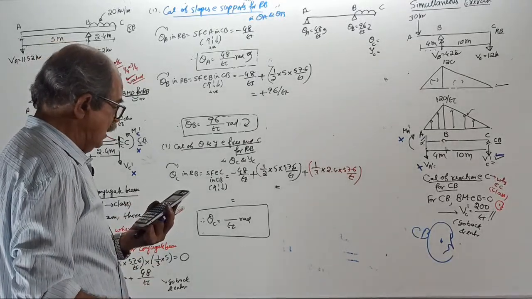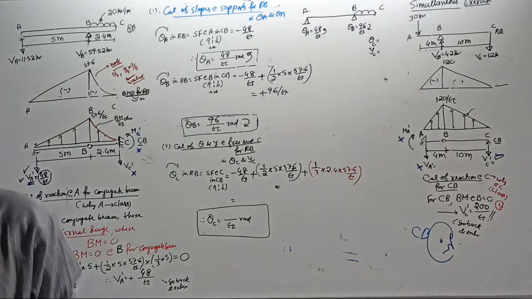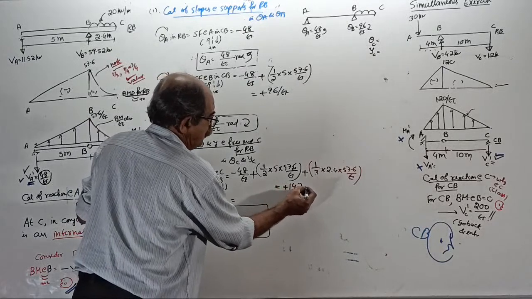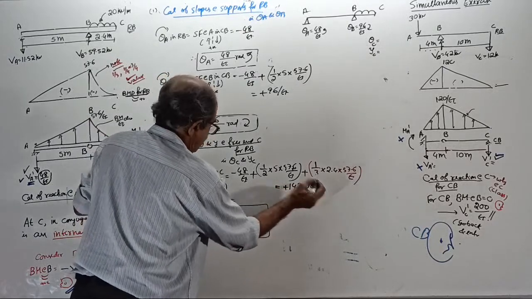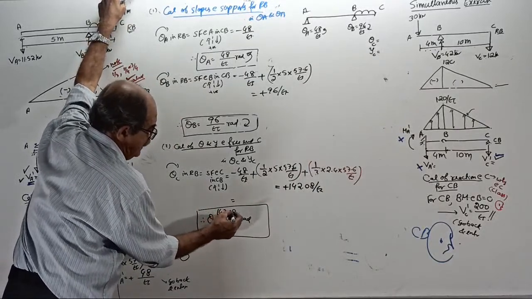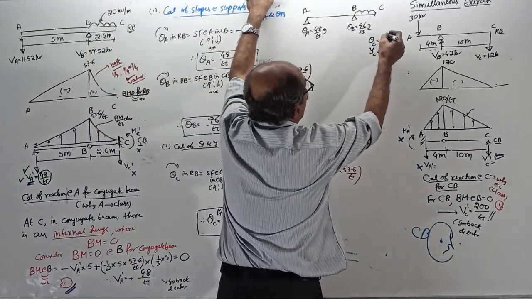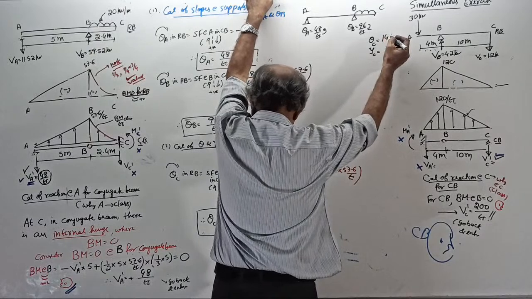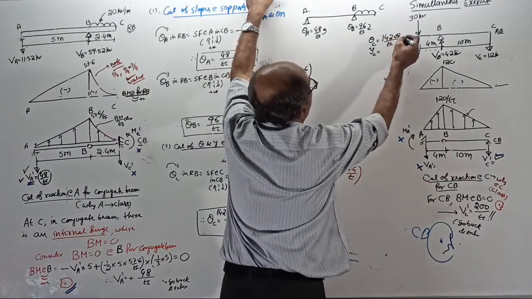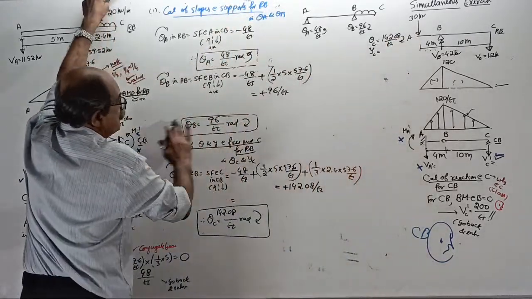I got 142.08. Okay, you are not getting the same answer. So it is plus 142.08 by EI. Therefore, theta C equals 142.08 by EI radian clockwise. I will enter the answer here, for showing the trick for you.